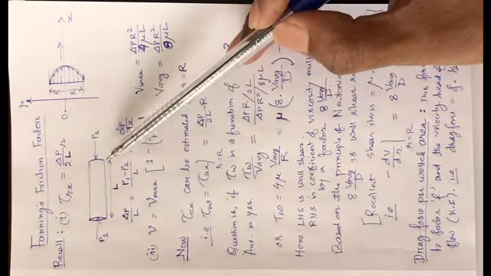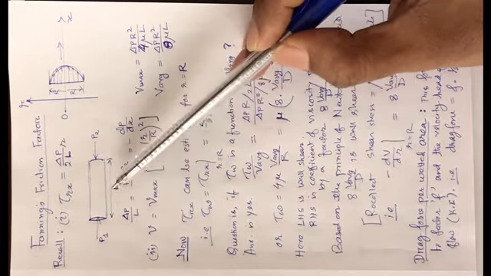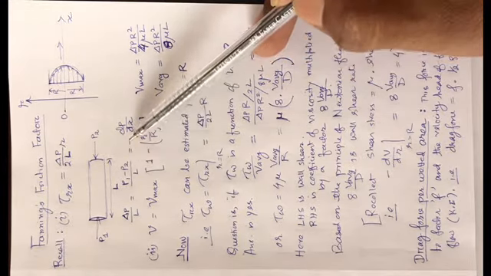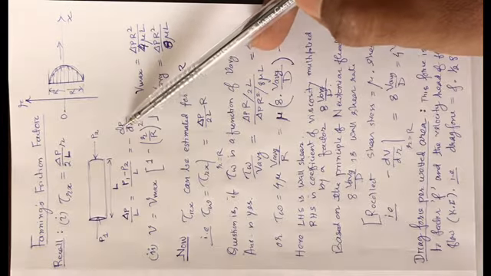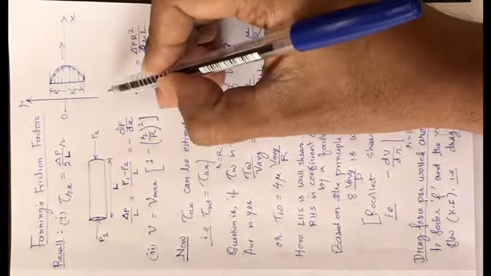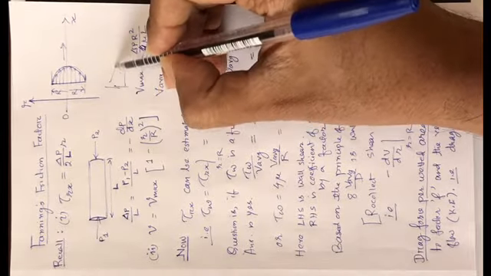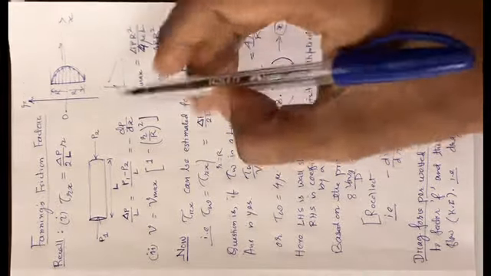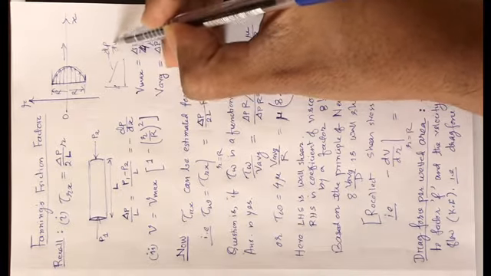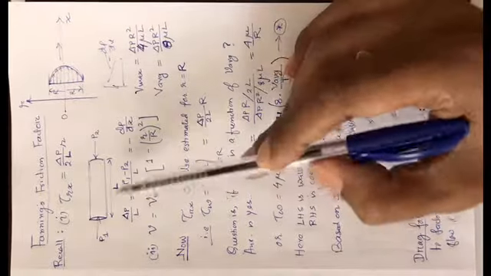So the pressure drop, or rather pressure gradient, is basically delta P by L. Delta P by L is P1 minus P2 by L, and mathematically it is the negative of dP dx, meaning this gradient is negative. I can show here that in the direction of flow the pressure value decreases. That's why it is negative of dP dx, meaning dP dx will have some negative value. So that's the pressure drop.